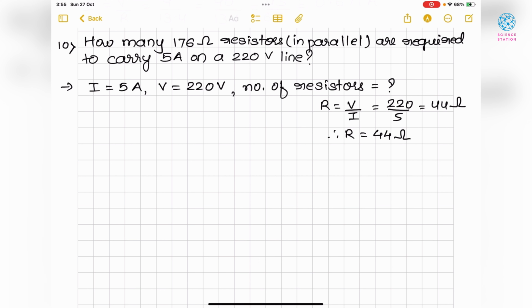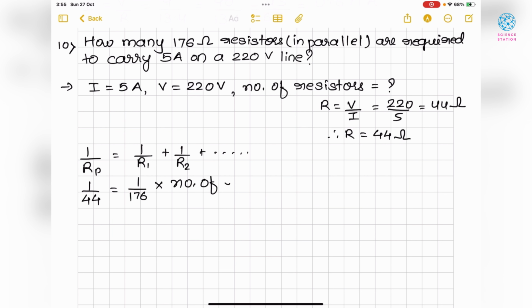Now we know that in parallel 1 upon Rp equal to 1 upon R1 plus 1 upon R2 and so on. So here 1 upon 44 should be equal to 1 upon 176 into the number of resistors, because here the resistance is same for all resistors.